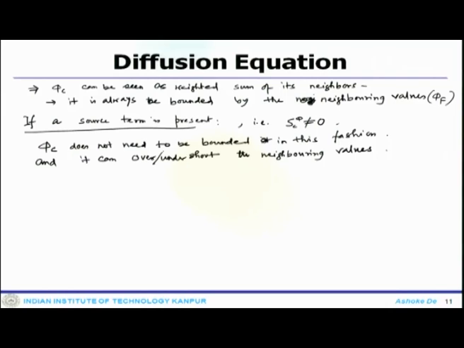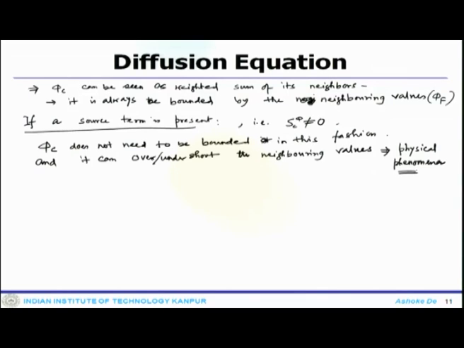At the same time, phi c could overshoot or undershoot from its neighboring values. Now, one may immediately think, is this physical? But when there is a source or sink term, this is an absolutely physical phenomenon. So, this is possible.